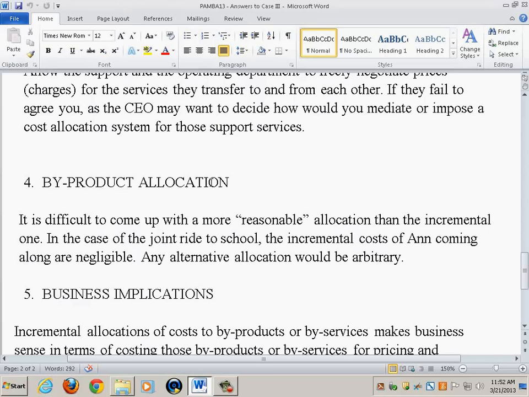So in this case, in spite of the fact that you have incremental costs, you may charge nothing. Or you may charge a certain fee, and that will depend more or less on marketing considerations, and that's different from the costing.